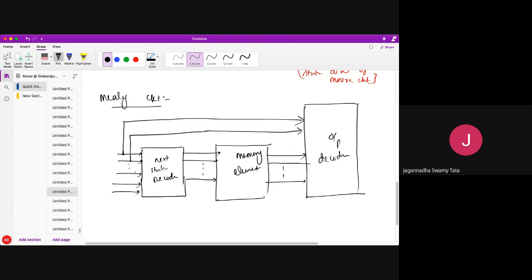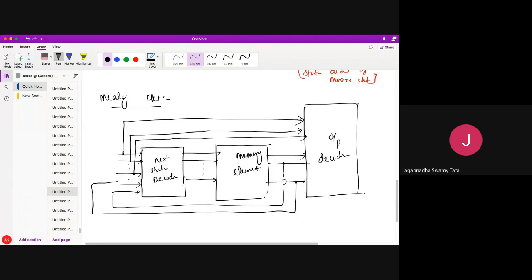Okay, so are you seeing that? And it will be a feedback path. So this is my feedback path output. Okay, and these are my outputs. Okay, this is my input.